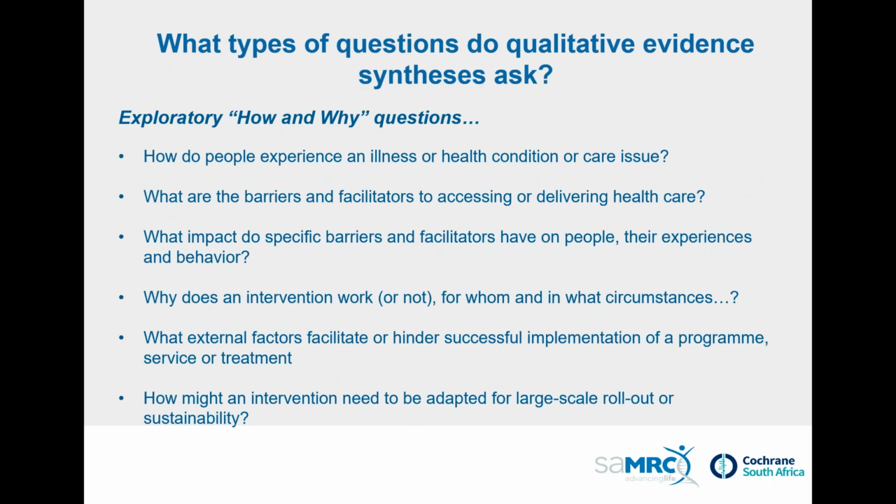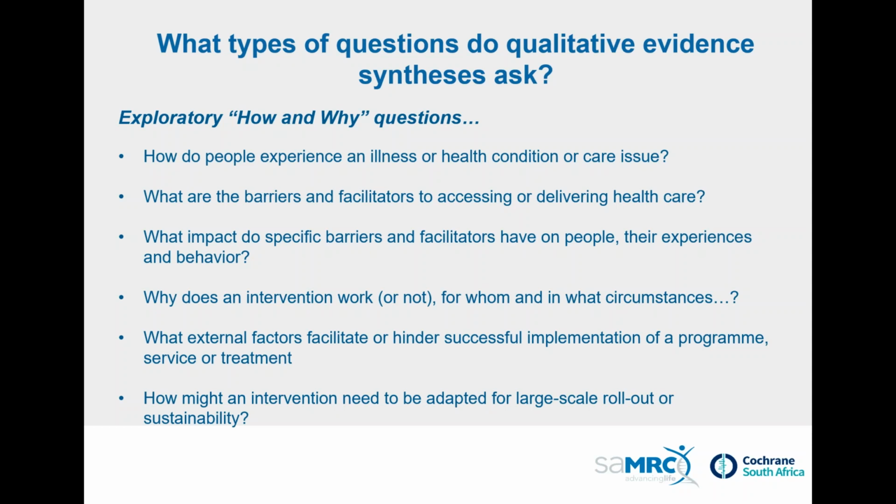So bearing in mind what a good qualitative evidence synthesis can achieve, the question is, what types of questions do qualitative evidence syntheses ask? The questions asked by these kinds of reviews tend to be exploratory in nature and tend to focus on the how and why of phenomena.